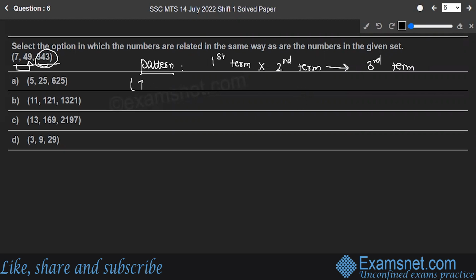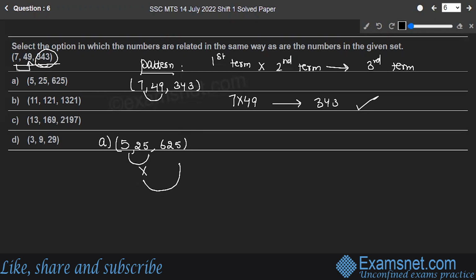So let's check 7, 49 and 343. 7 multiplied by 49 gives you 343, which is absolutely correct. So let's check with option A, 5, 25 and 625. If I'm multiplying 5 with 25, what do I get? I get 125, which is not equal to 625, right? So this one is incorrect.